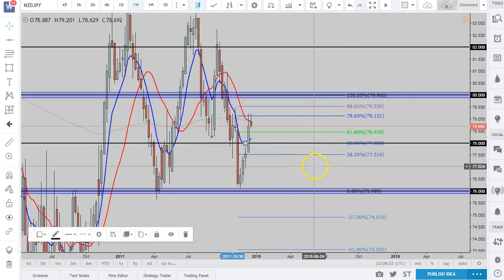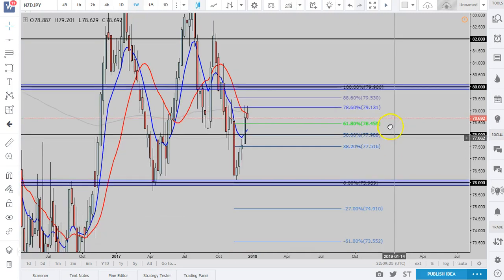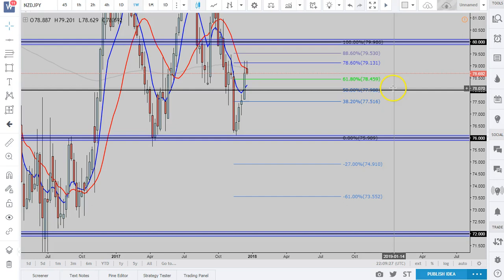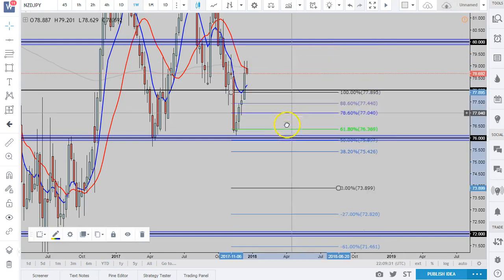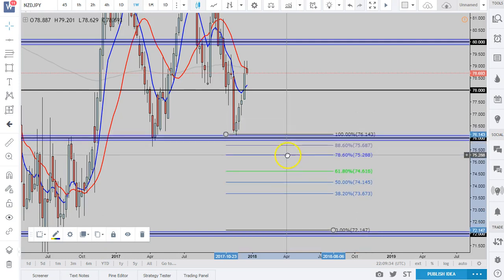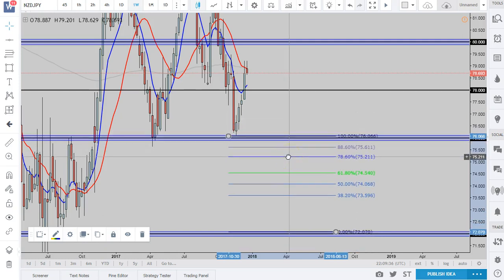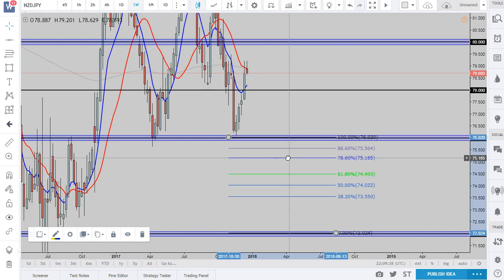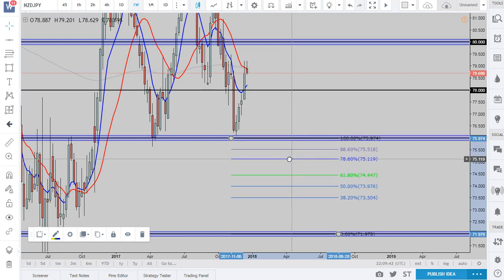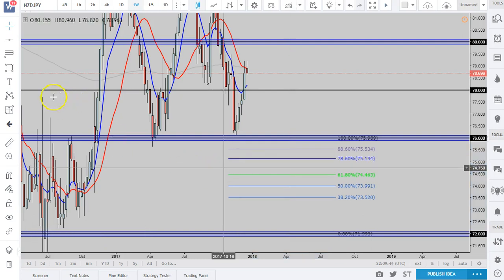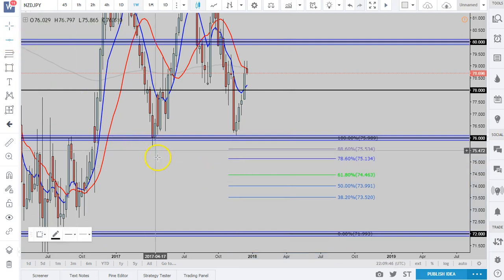Then once again, our last level, our last weekly level. So this is a minor level. Our last level is going to be at 74.00.